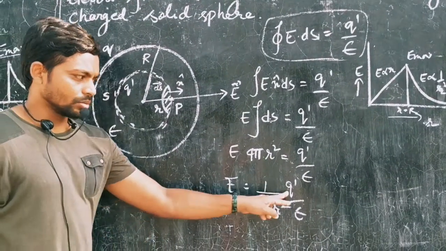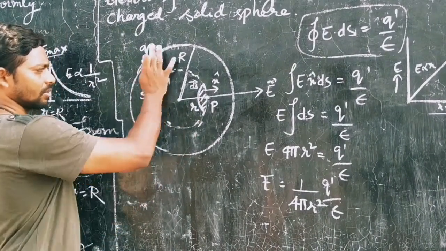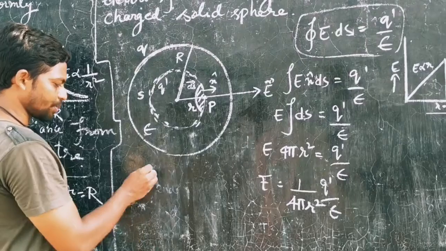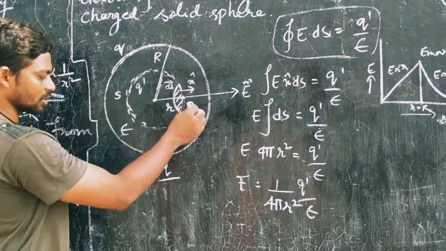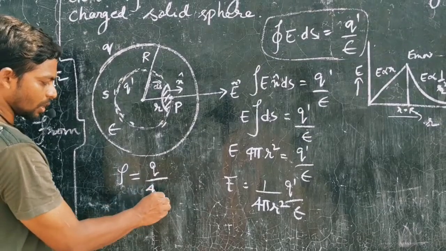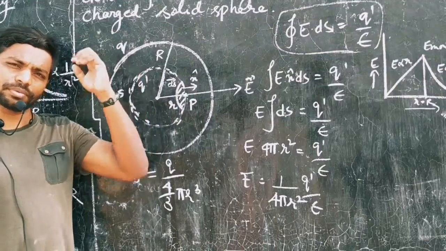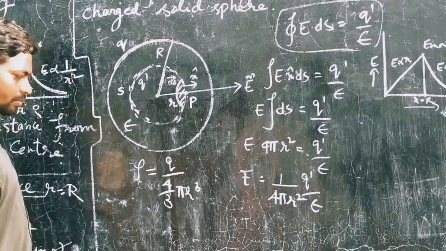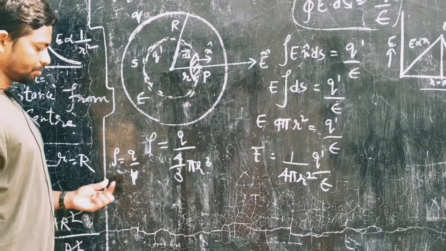Let me tell you the value of Q dash here. The charge density of this non-conducting sphere is given by rho. Rho is given by Q by volume of this sphere, 4 by 3 pi R cube. Friends, this I told you in a very previous class, that charge density is given by charge by volume.